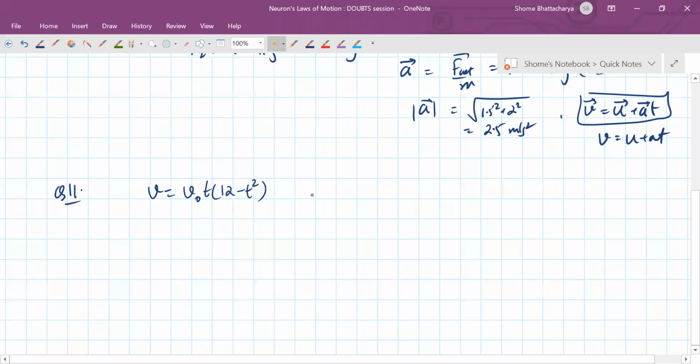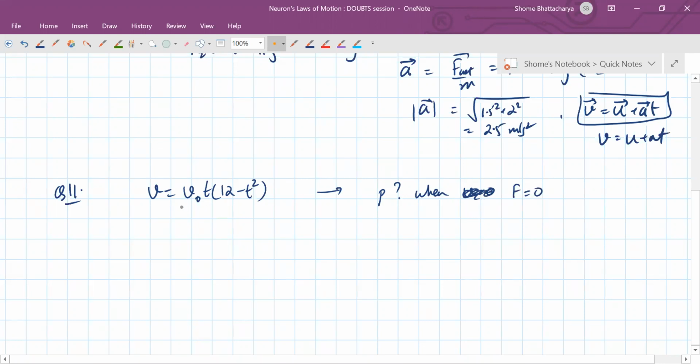So you have to find the momentum of the body when the velocity is 0. Oh, sorry, when the force is 0. When the force acting on a body is 0.